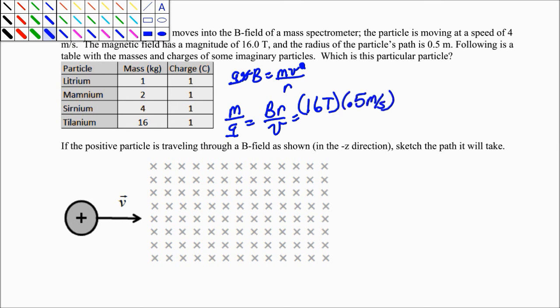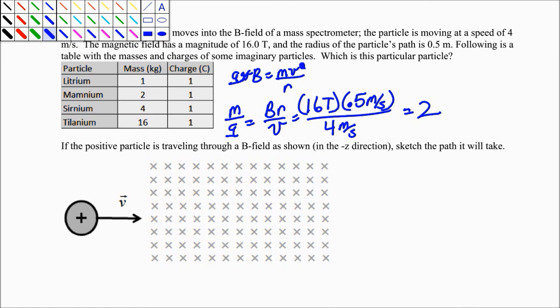Usually you'd have much higher speeds for these subatomic particles, or these atomic particles rather. V is 4 meters per second. That's 8 over 4. That's equal to 2.